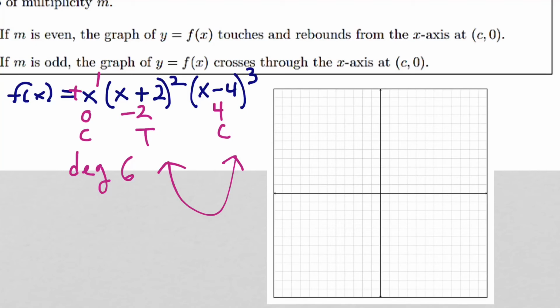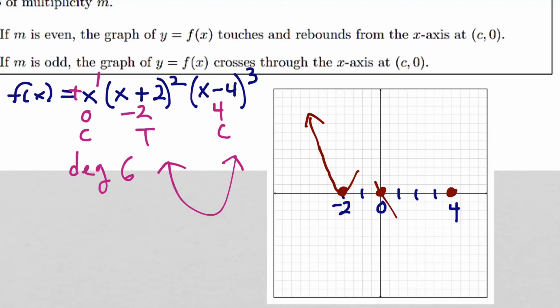So let's put on our zeros. Now we're going to go left to right. We're starting from up, and then we hit the 0 of negative 2 first. At negative 2, we're going to touch. There's a connection we've got to make right here. We don't know exactly how it looks, but this is just a sketch. The next 0 we hit is 0 itself, and we're going to cross because of this multiplicity of 1.